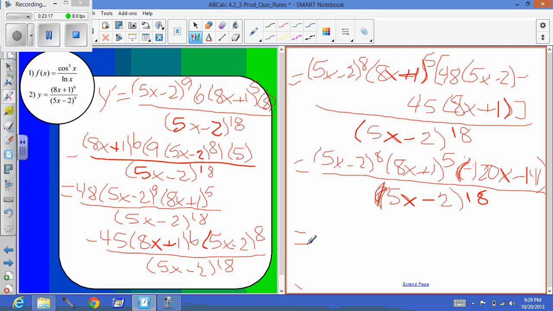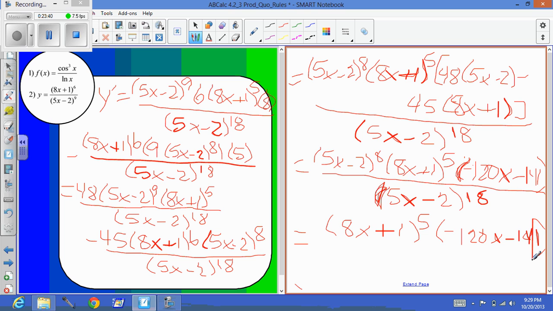So all of my 5x minus 2's cancel out on the top. I am left with 8x plus 1 to the 5th times negative 120x minus 141.